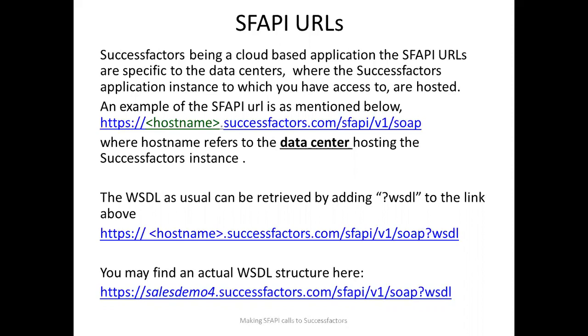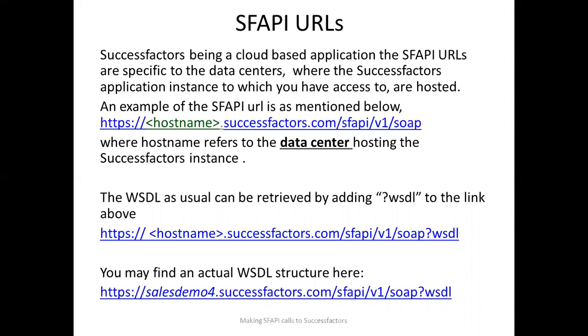An example of the SFAPI URL is as mentioned below: https://hostname.successfactors.com/SFAPI/v1/soap, where hostname refers to the data center hosting the SuccessFactors instance.